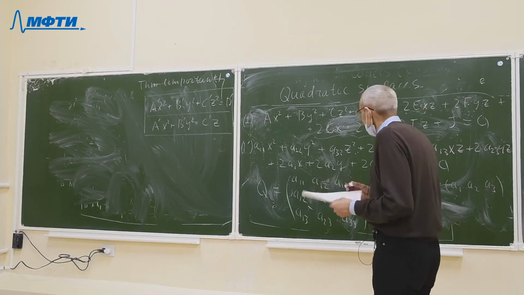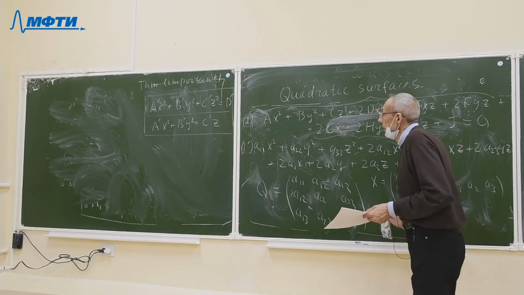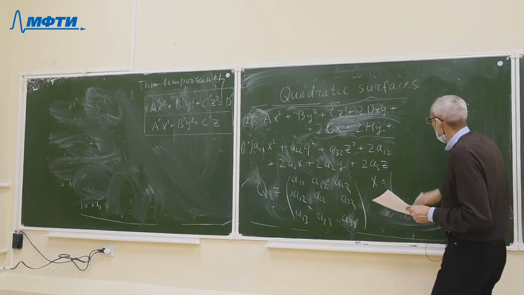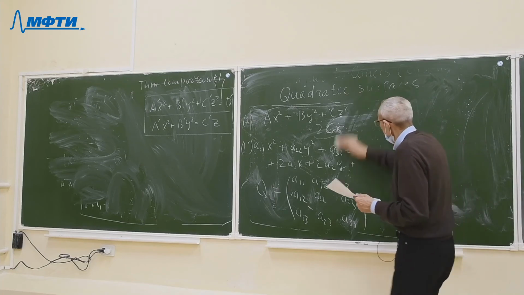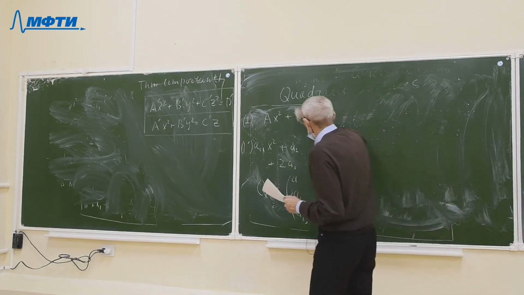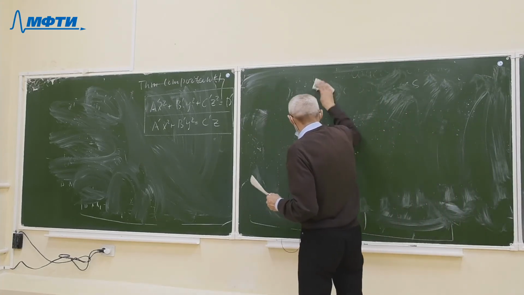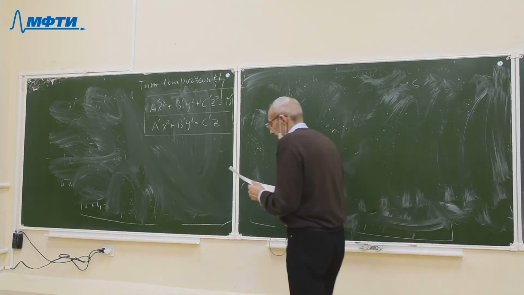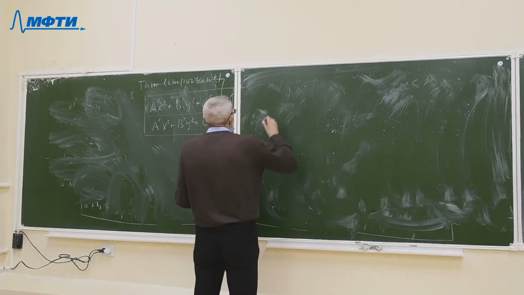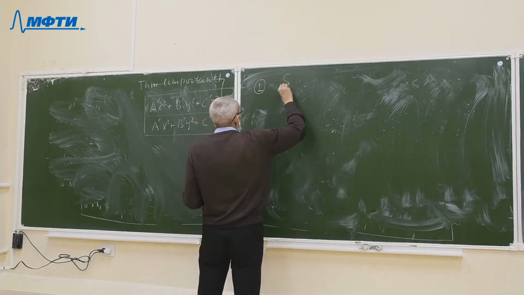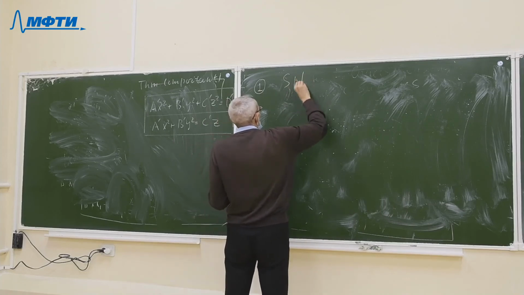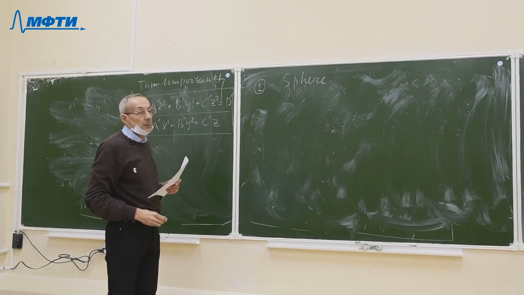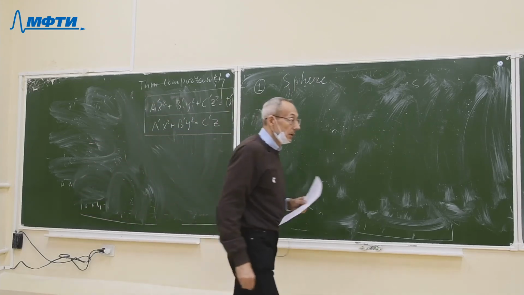Okay, let's consider some examples of quadratic surfaces. The first example is a sphere and cylinders. What does sphere mean? A sphere is the three-dimensional counterpart of the circle.